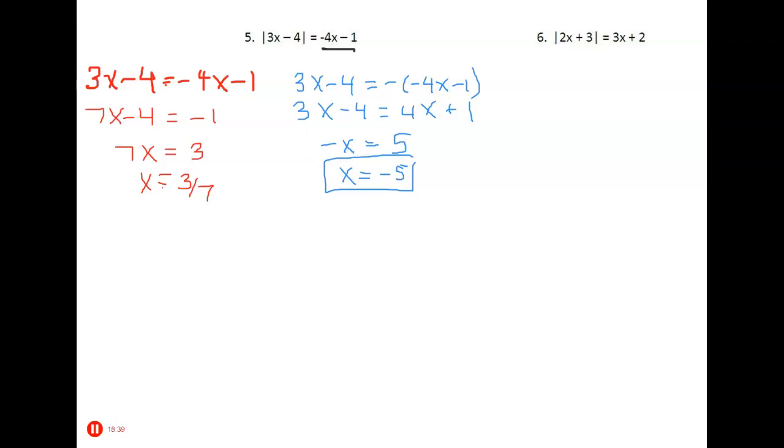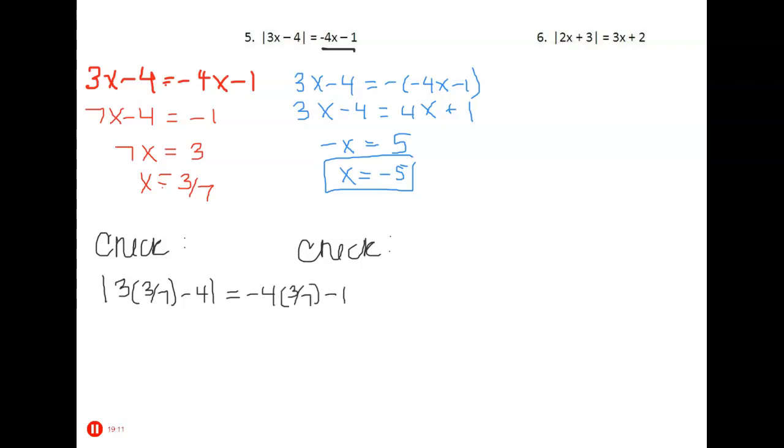Now we're going to check them. Okay. So on the right, you have 3 times 3/7.